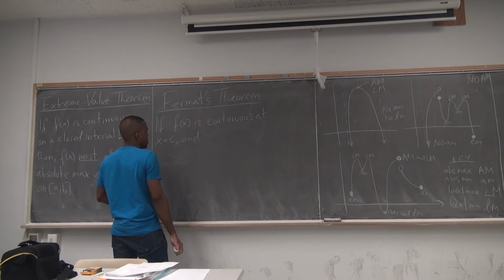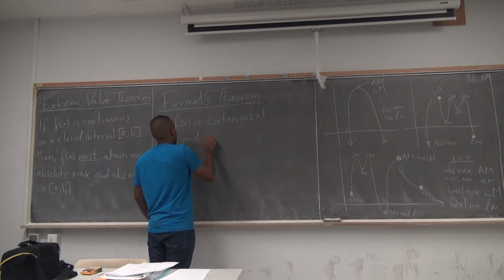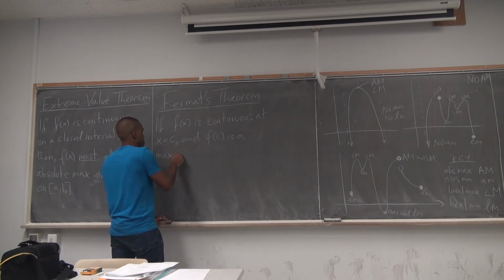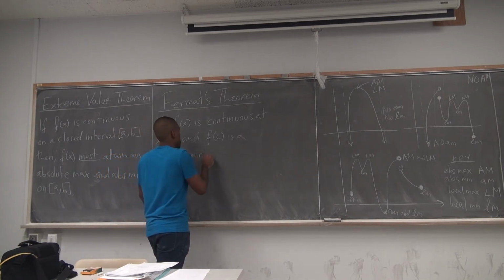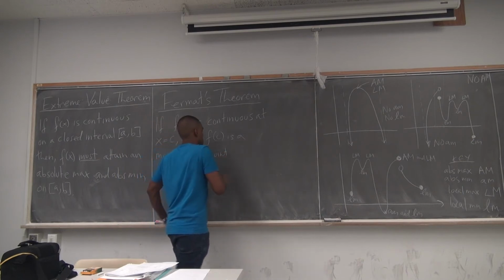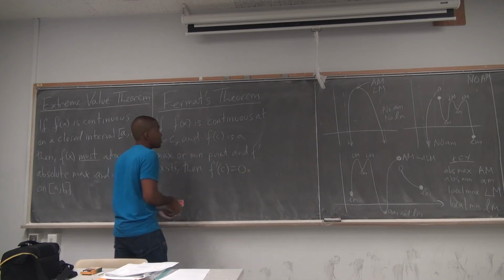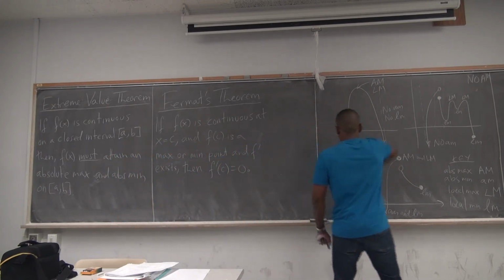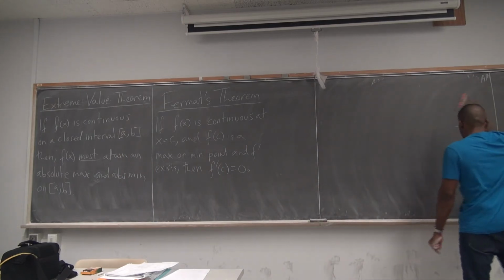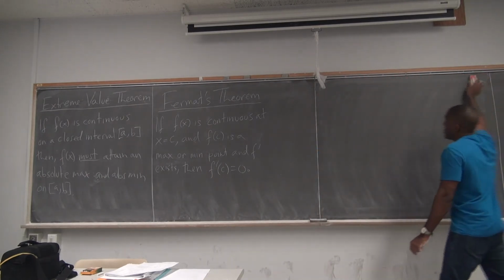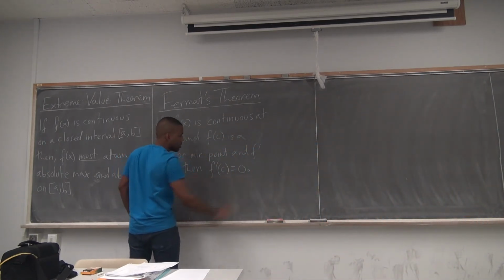So assuming f is continuous at x equals c, and f of c is a max or min, here's a theorem that tells us if we have a max and the derivative exists, then the derivative will be 0. The same is true for minimums.